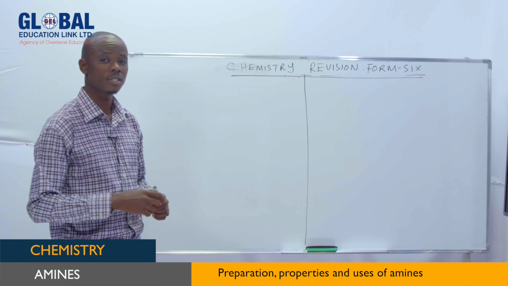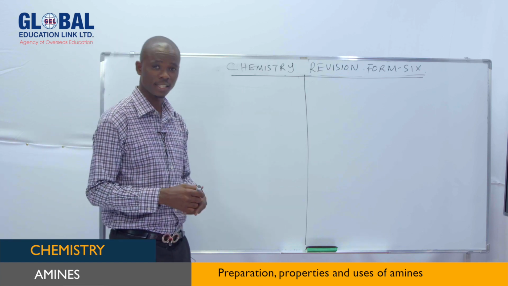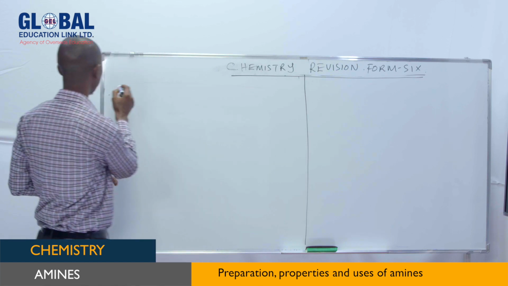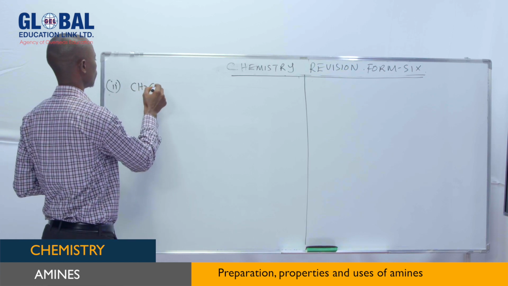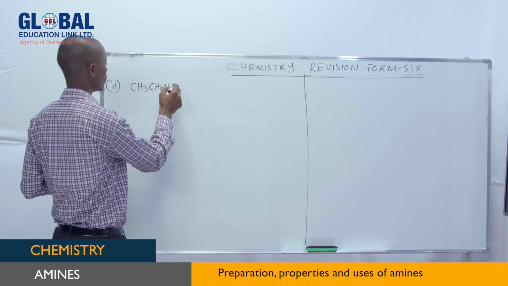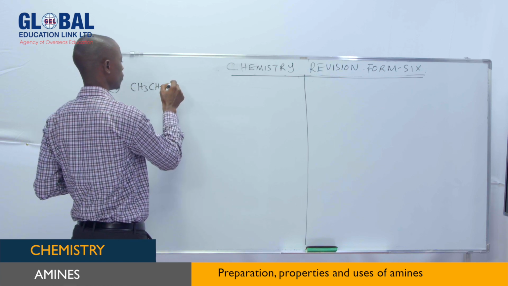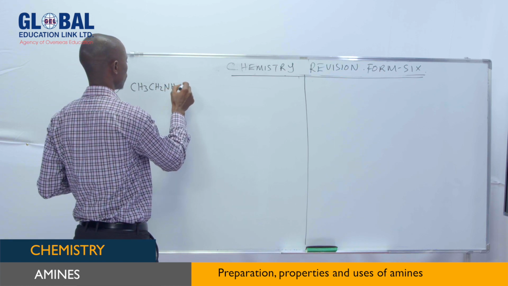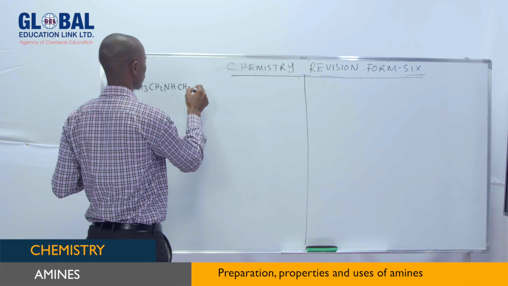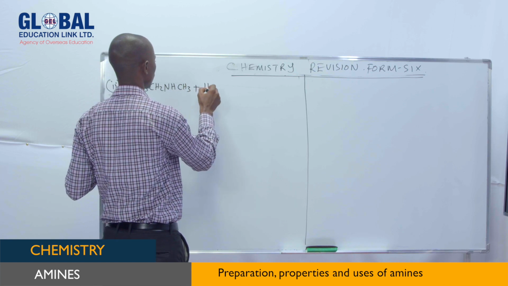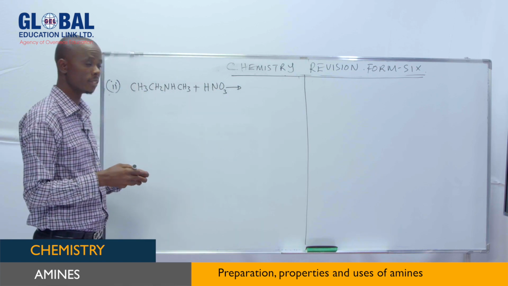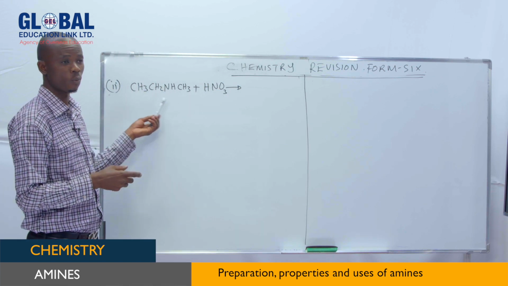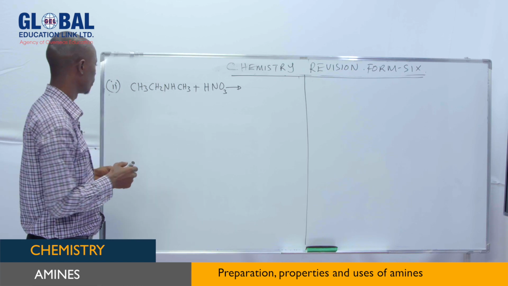Let's proceed to see some more examples of the chemical reaction that we started. We can have example 2. How about this one? This is the secondary amine. What happens for this secondary amine?